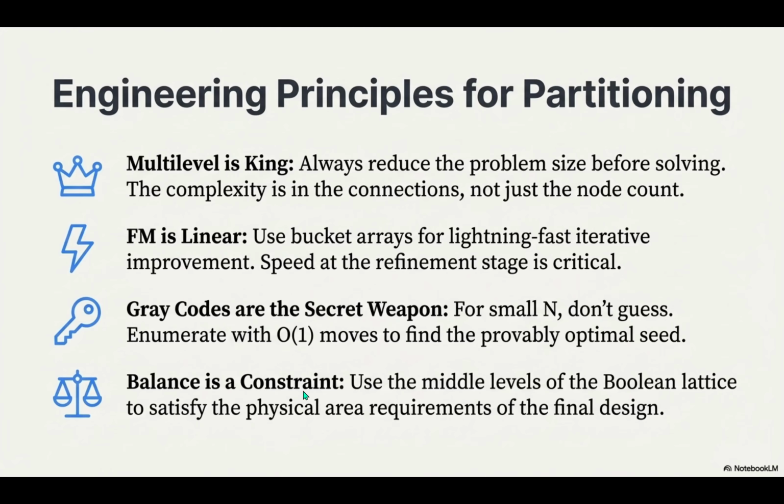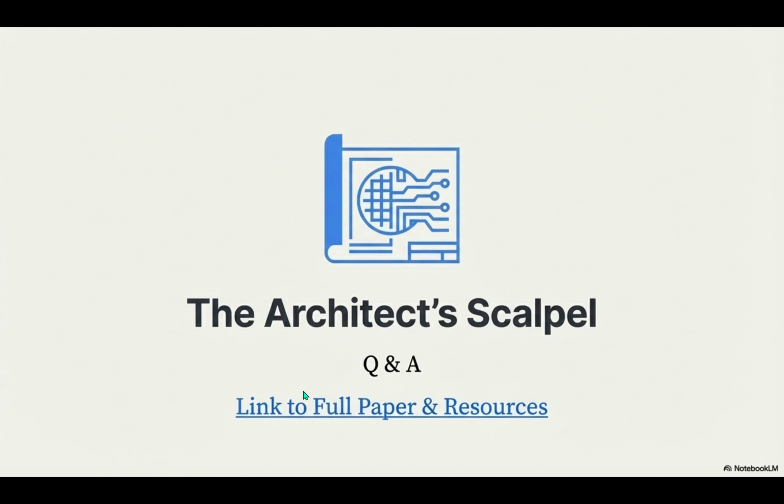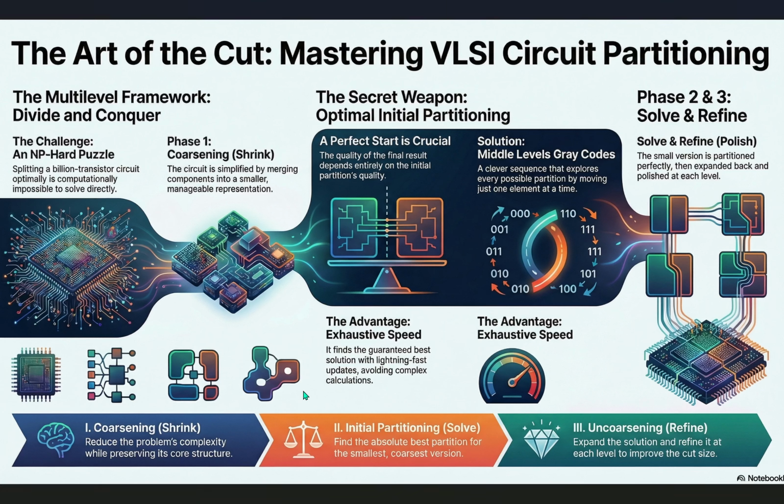We spent this whole deep dive on how finding that perfect starting point, that optimal seed, is the absolute key to solving these huge optimization problems. So think about that for a moment, but apply it outside of just circuit design. How often in your own life, planning a big project at work, or even just setting up a new routine for yourself, do we just take a quick guess at the best way to start because finding the perfect way seems too hard?